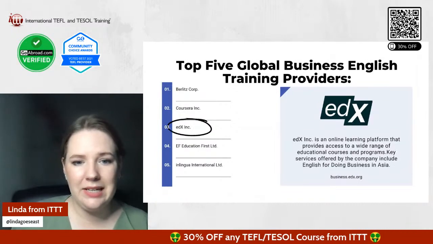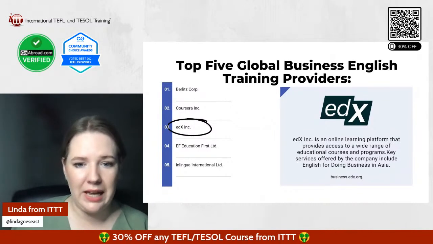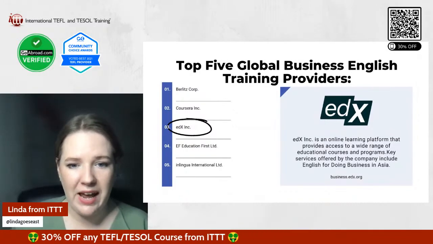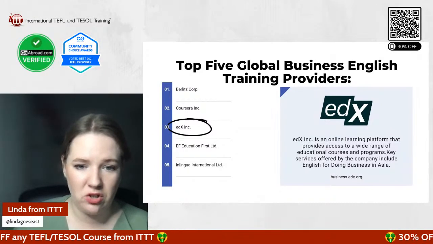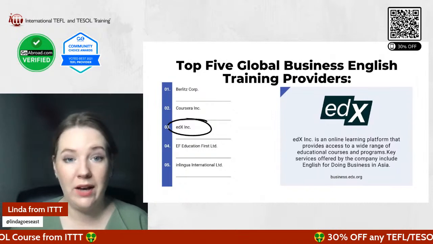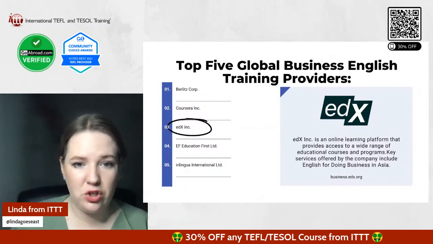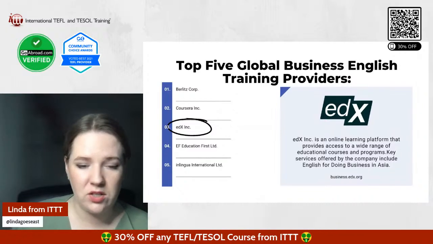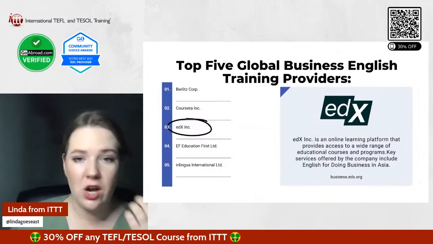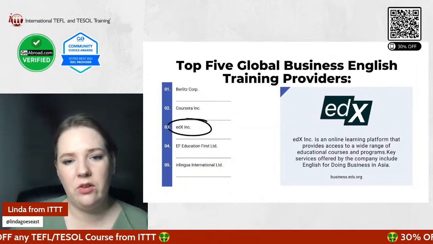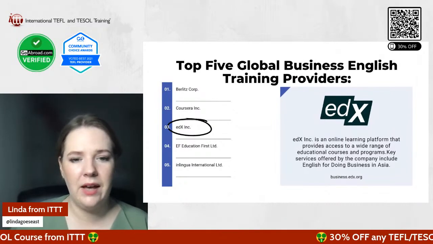Similar is also EDX. So they're also an online learning platform. They provide access to a wide range of educational courses. I think a lot of you guys know this too. And key services offered specifically to business English include a course called English for Doing Business in Asia, which is very popular. And they're also hiring for that.